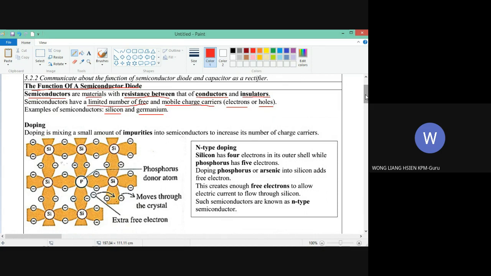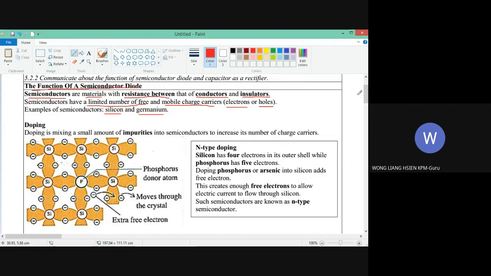Because electronic components need to be able to conduct electricity. Electric current needs to flow through them. So how can we use semiconductors as electronic components if they cannot conduct electricity well right now?